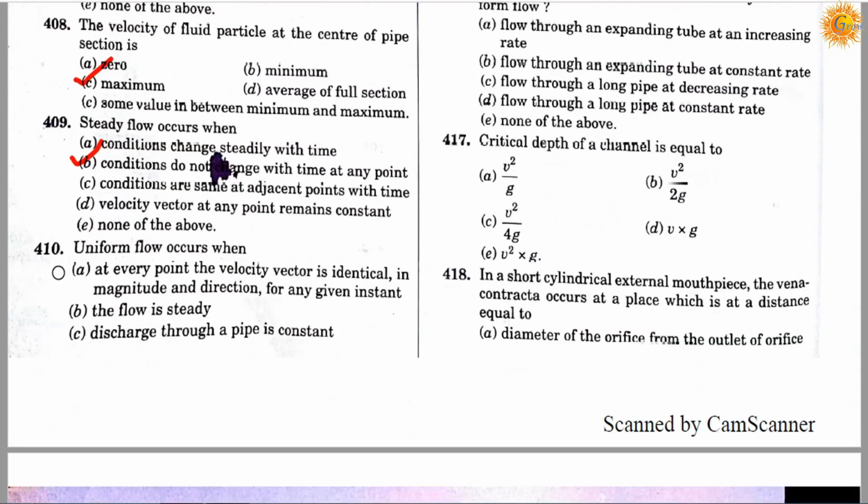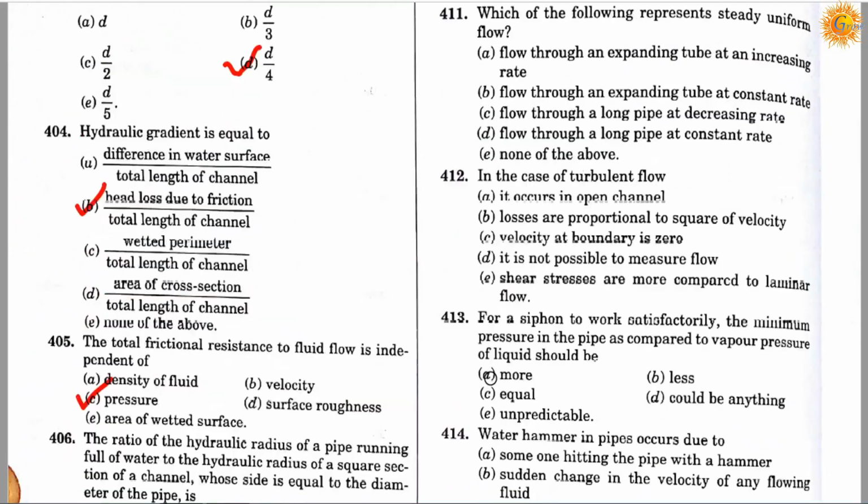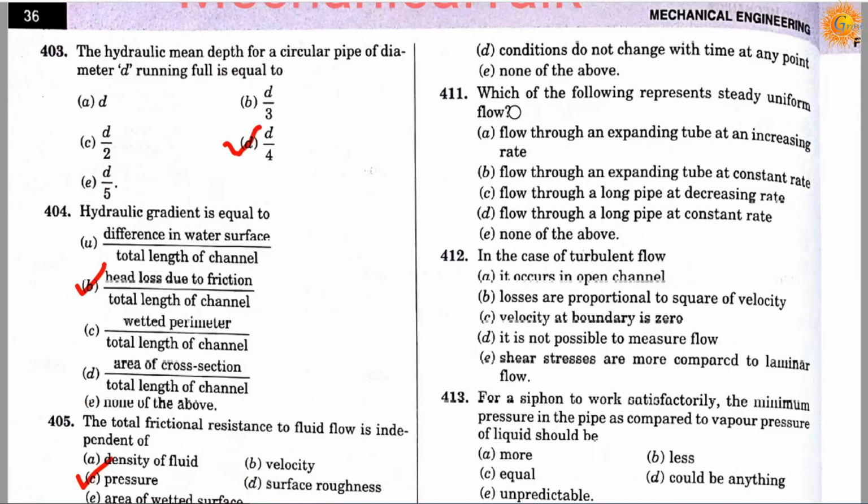Question number 410. Uniform flow occurs when: option A, at every point the velocity vector is identical in magnitude and direction for any given instant; option B, the flow is steady; option C, discharge through a pipe is constant; option D, conditions do not change with time at any point; and option E, none of the above.